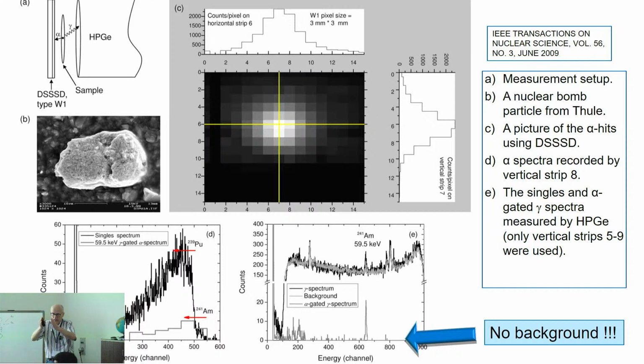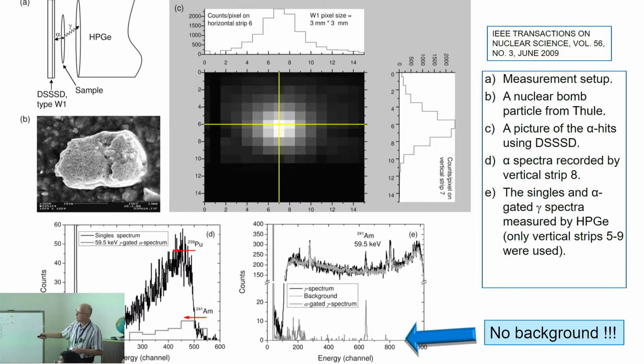So we selected a narrow gate in the gamma spectrum, for example, from 55 to 65, this narrow area, and generated the alpha spectrum from the data shown here.